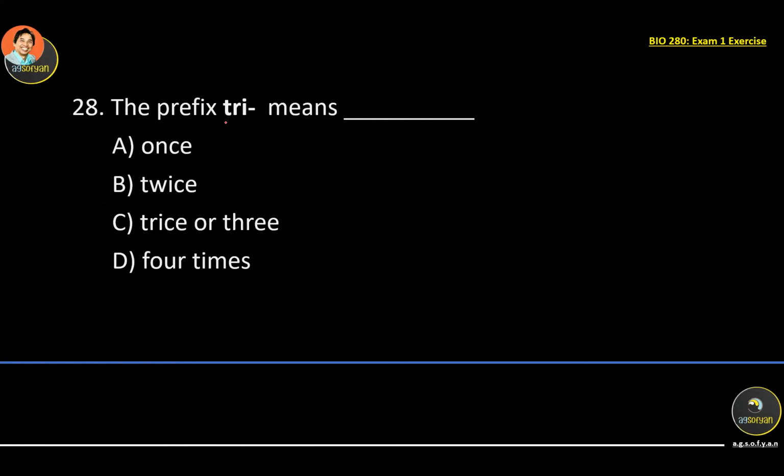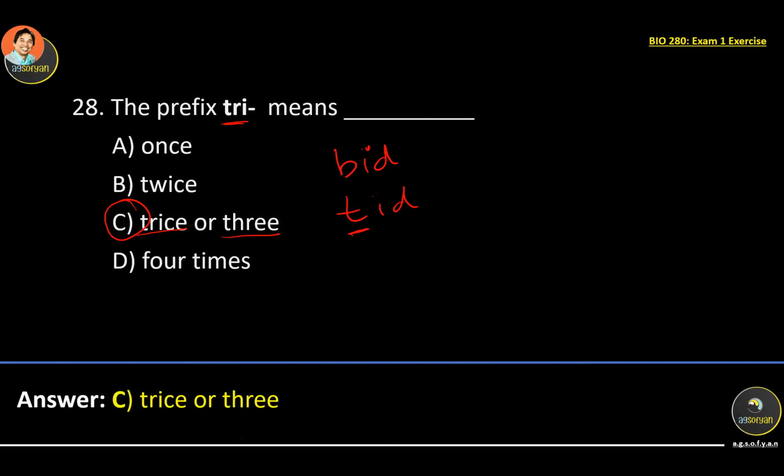About prefix three, after di or bi you have tri. It's going to be thrice or three. When a doctor, for example, writes down BID, it means twice a day. When they write down TID, it means three times a day. So tri or three or thrice. This is for that prefix.